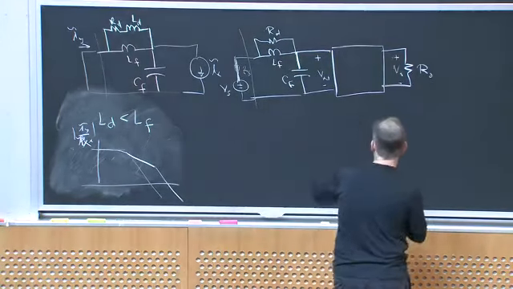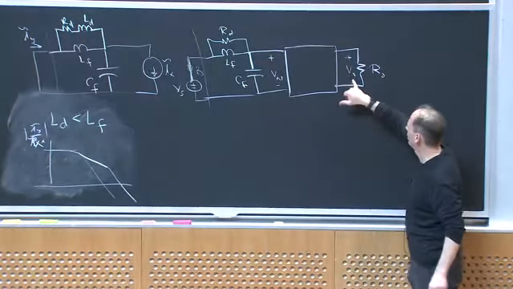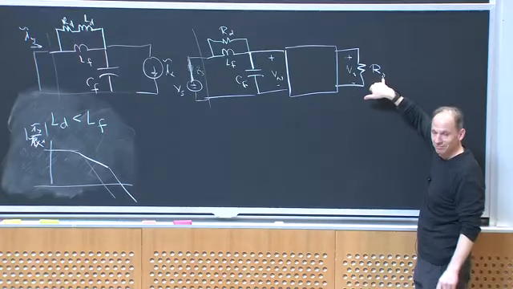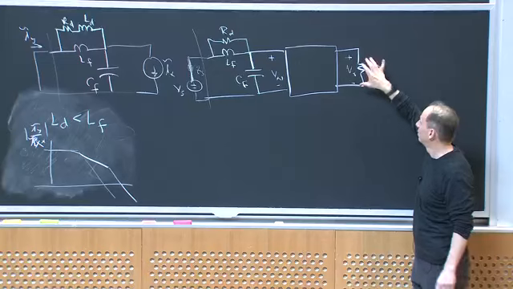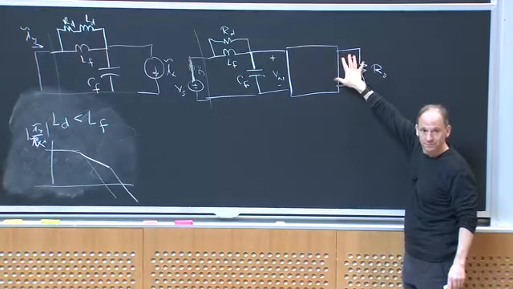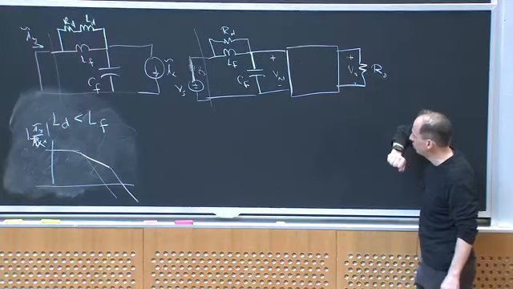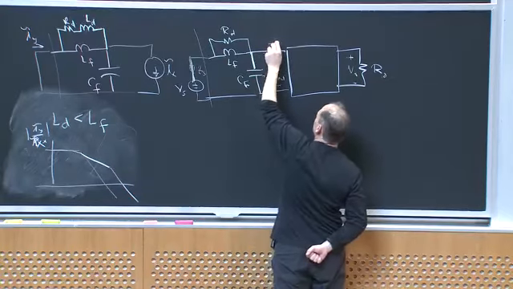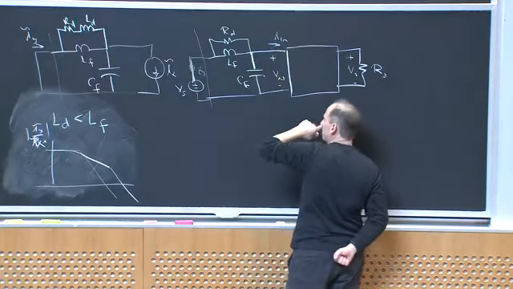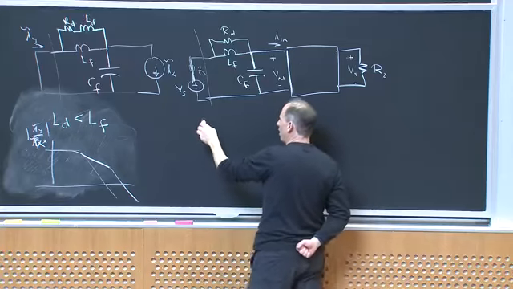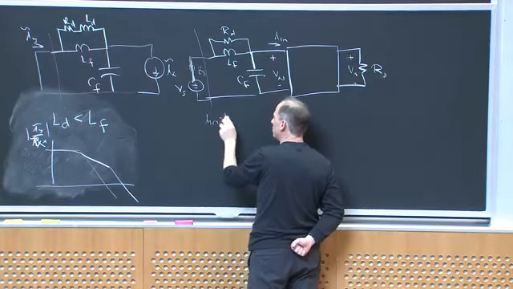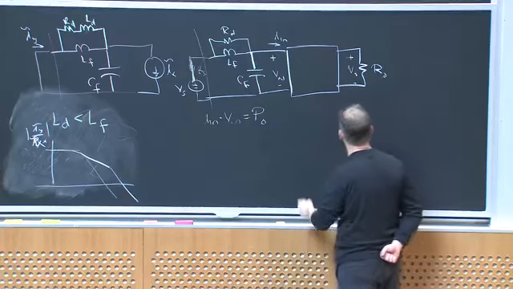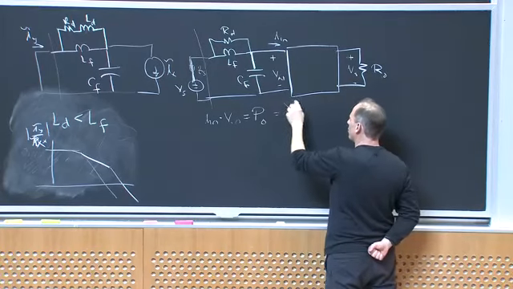No matter what the input voltage is doing, I want to draw V reference squared over R naught if this is some fixed load at the output. Okay? So if I thought of this current as being some IN, right, what I get is IN times VN is equal to whatever my output power is going to be, which is V out squared over R out.